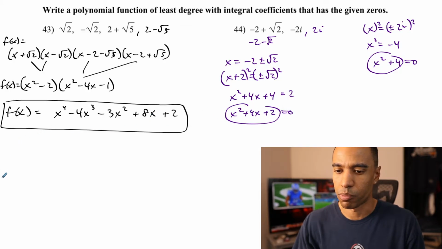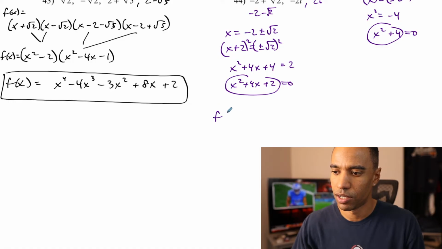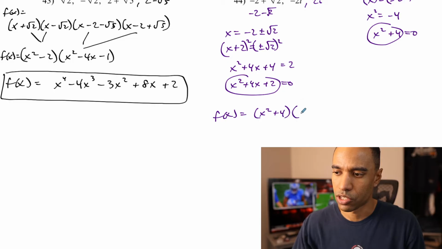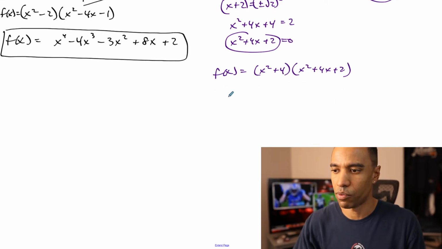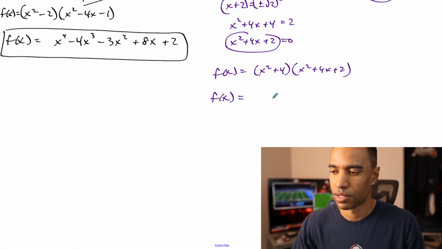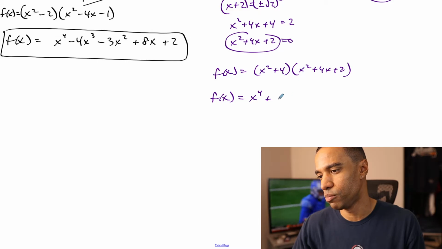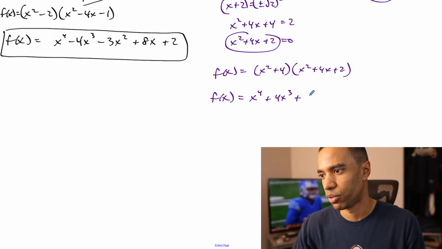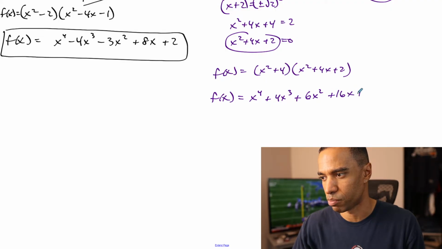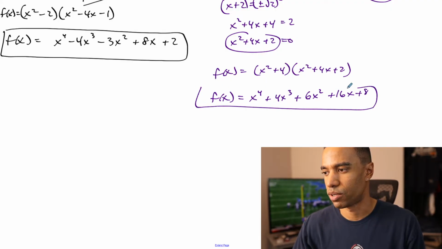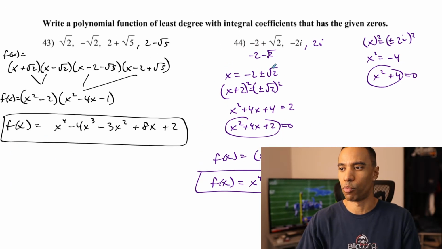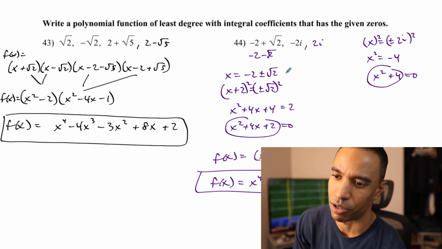So now we get to multiply x squared plus 4 with x squared plus 4x plus 2. And in distributing that, we're going to get x to the 4th plus 4x cubed plus 2x squared plus 4x squared, that's 6x squared, plus 16x plus 8. Okay, that's in standard form. The factored form would have had these if you subtract them over.